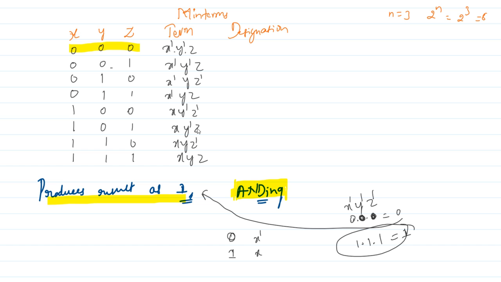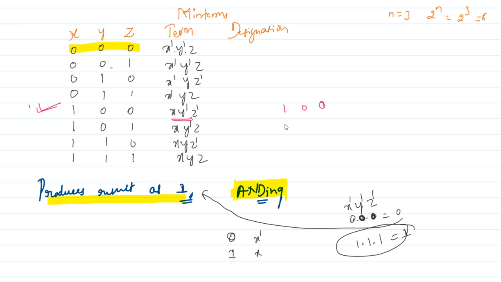If you have any doubts, you just check it by putting zeros or ones into the term you have written. Now I will show one example. If I consider this row, what is the value of x? X is 1. What is the value of y? Y is 0. What is the value of z? Z is 0. What term have we written?